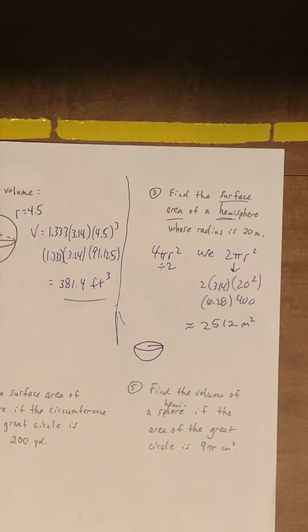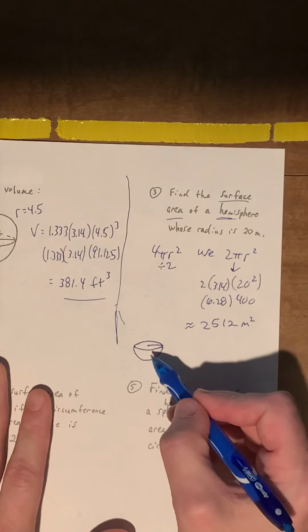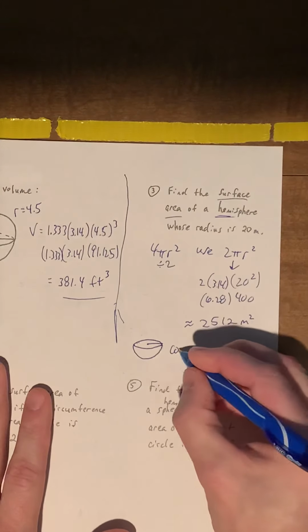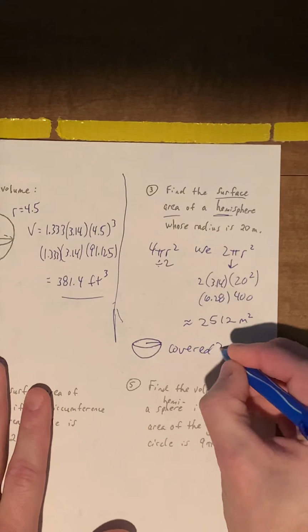So a lot of times if you have a hemisphere, depending on the context or the nature of the word problem, you may or may not have an open hemisphere. Basically, is it covered or not?